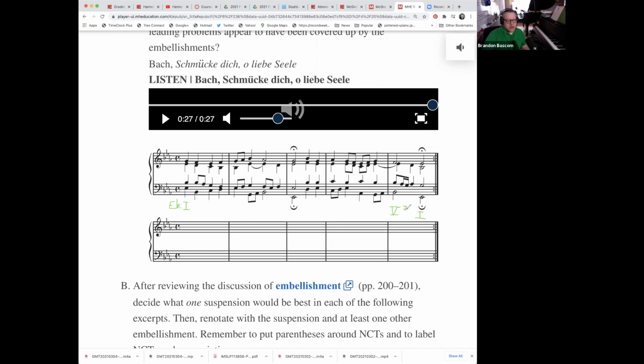Chord number 2. Zach, what do we got? A passing tone? No. Chord number 2. Oh, 5. Andrew, how do you account for this A flat that's sitting there?